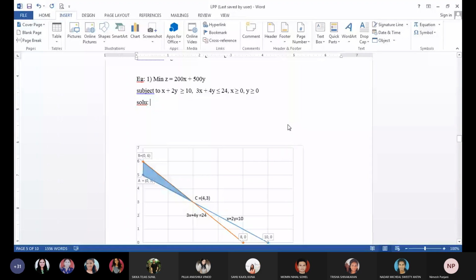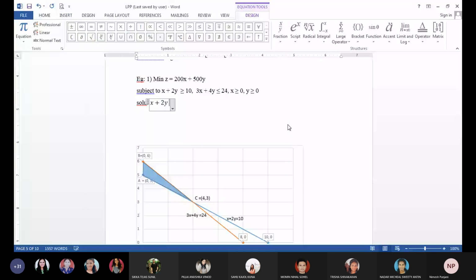So drawing the region, we have x plus 2y greater than or equal to 10. This gives us x plus 2y equals to 10 and x plus 2y greater than 10.